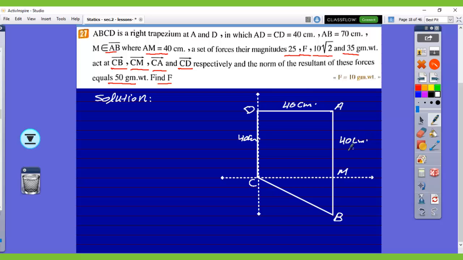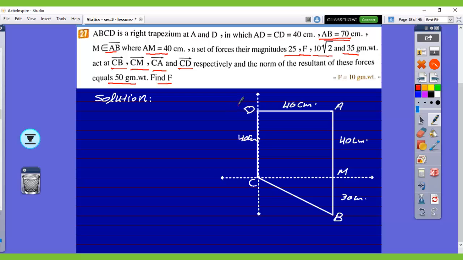Since AB equals 70, we can deduce that MB equals 30 centimeters, as 40 plus 30 equals 70.